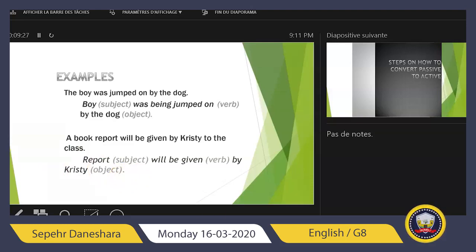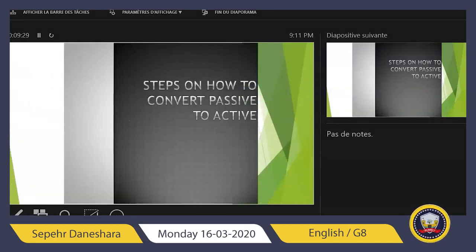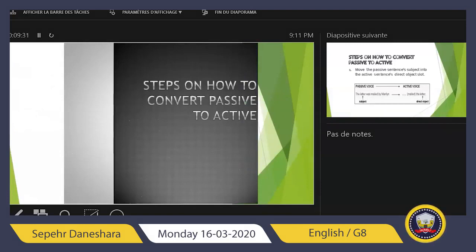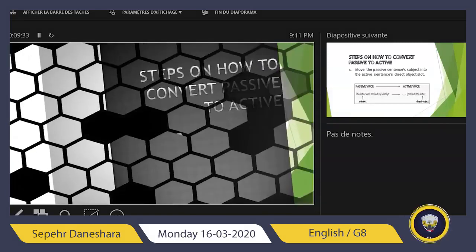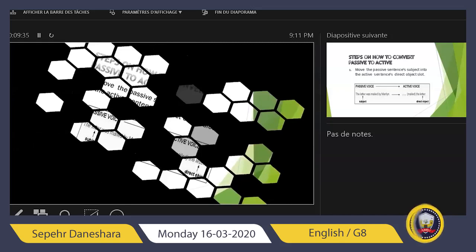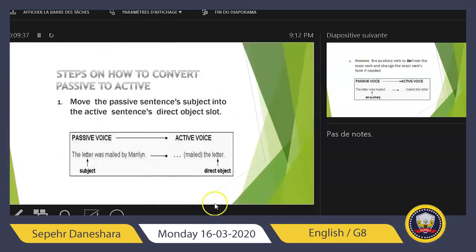Okay? Now, how can we convert a passive sentence to active? Here we have one example to make you understand this. Move the passive sentence's subject into the active sentence direct object slot. Okay?